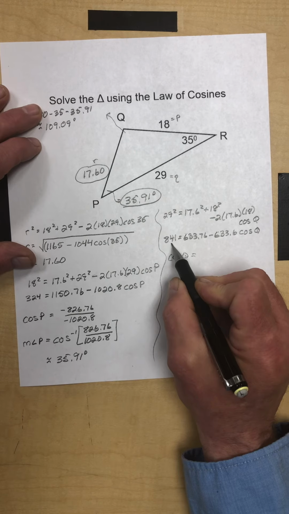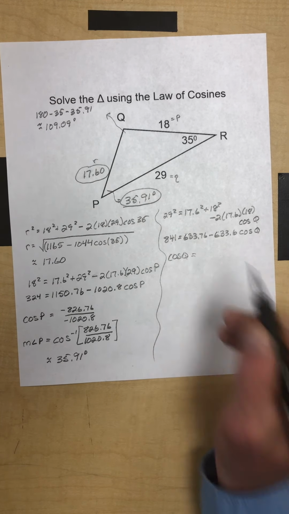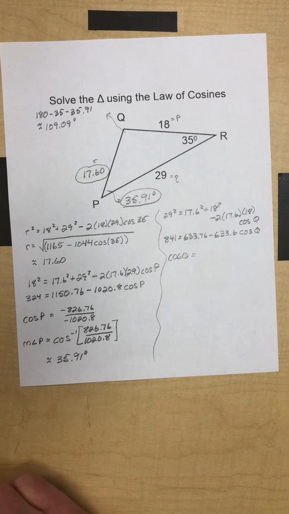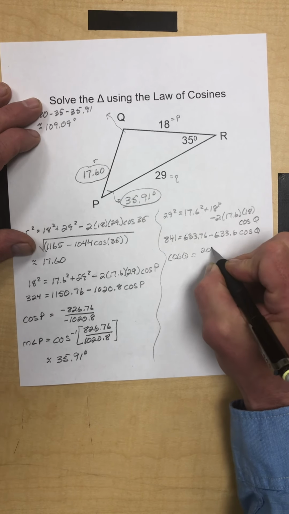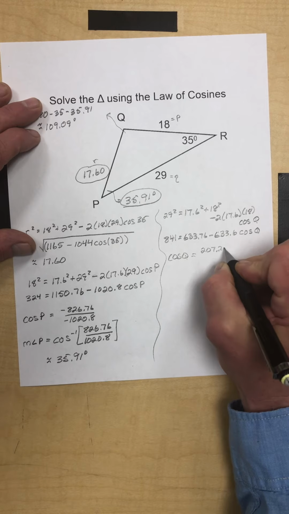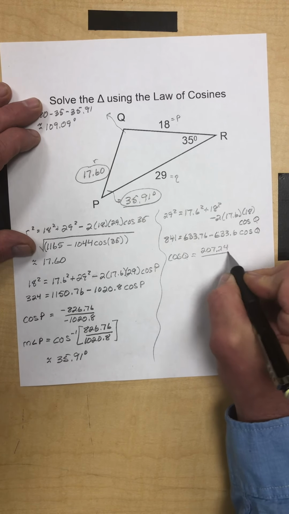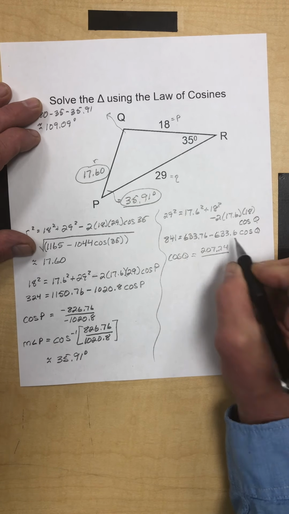Okay, so I'm going to go 841 minus the 633.76. And notice I get something that's positive, 207.24. And then I have to divide by, and remember, this coefficient is negative.